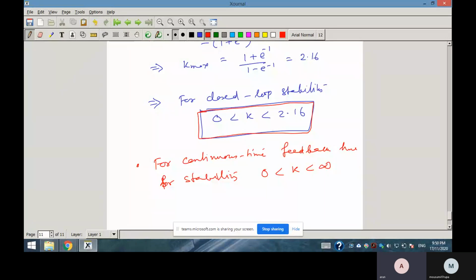Now you see here the upper range, because of sampling time t equal to 1, has drastically reduced. The stability region has drastically reduced because of sampling.